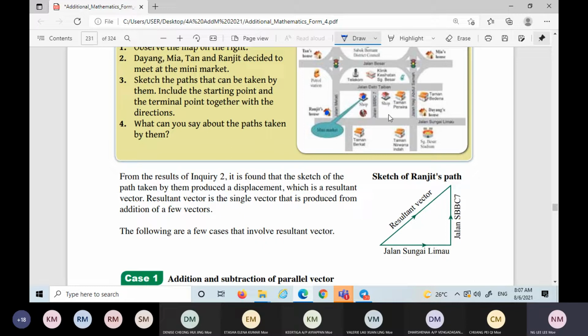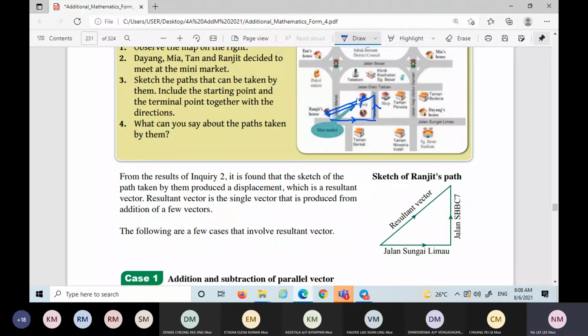This shop. You can't go straight from here to here because there's no route. So you have to take this route, and then continue with this route. This is one vector, this is the other vector. When you combine these two, the resultant vector will be this way. So the resultant vector is like the shortcut.